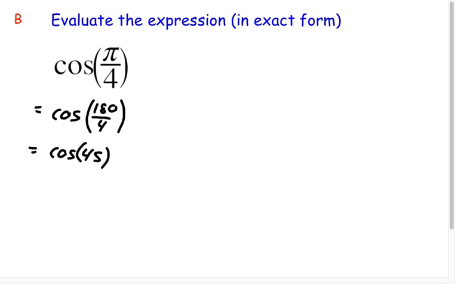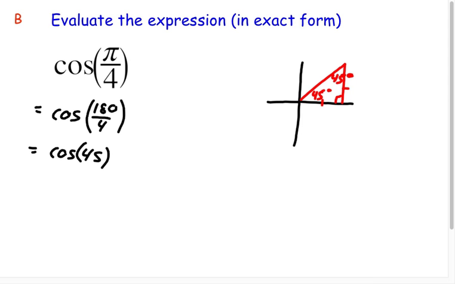So what I'm asking myself is, if I created a 45-degree angle, what this actually creates is a 45, 45, 90 triangle, which again is one of my special right triangle rules.